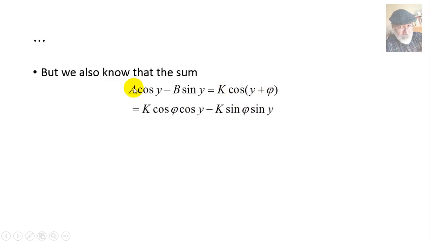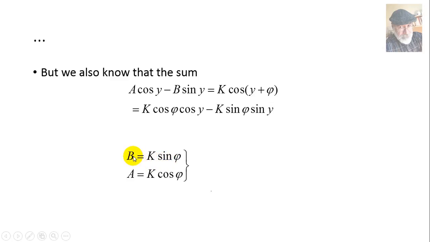But if you compare the left-hand side of the equation on the top and this expansion of the right-hand side, you say there is only one way that could happen. a has to be equal to k cosine phi, and b has to be k sine phi. Two equations and two unknowns, k and phi. Well, sure, non-linear equations, right? But two equations anyway.